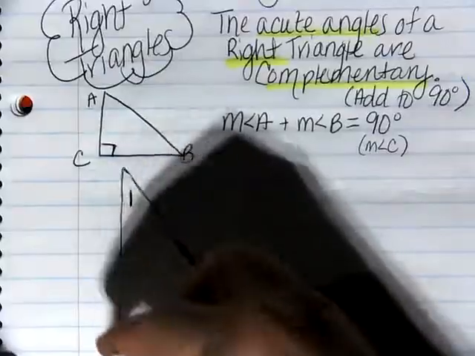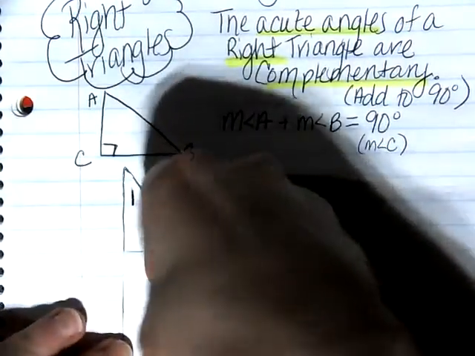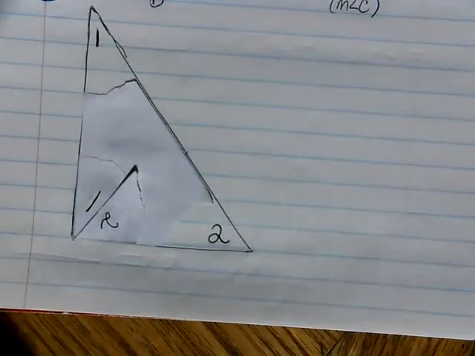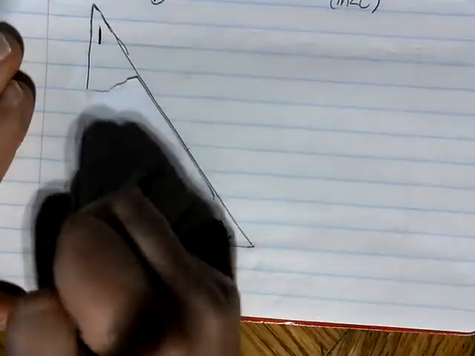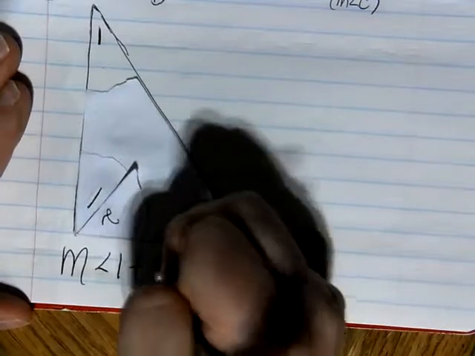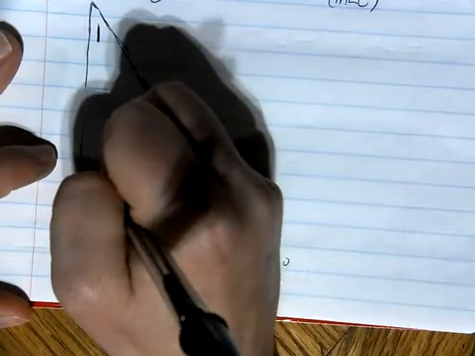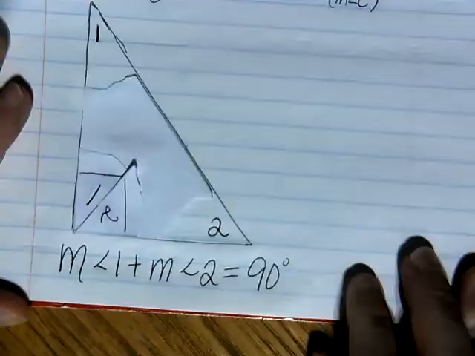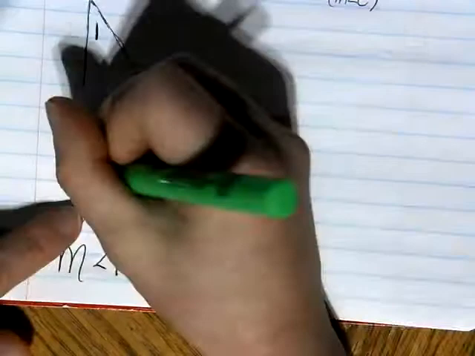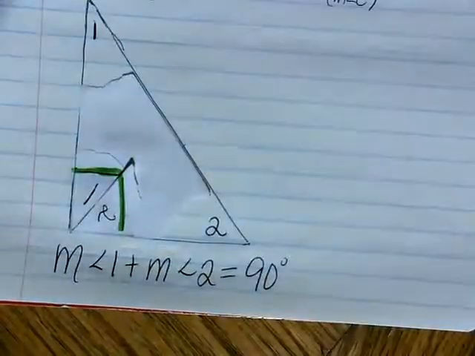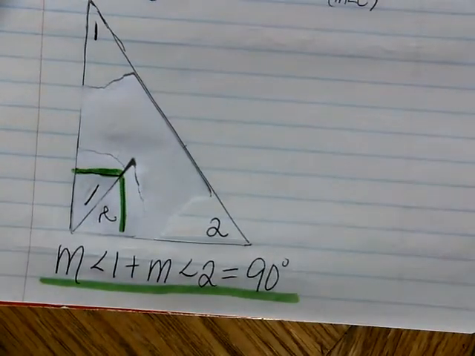And this is a cool demonstration just to prove that these theorems and corollaries, we're not just making them up. They actually work, which is so neat. And I'm going to write down on the side that the measure of angle 1 plus the measure of angle 2 add to equal that 90-degree angle. So I'm just going to mark up this 90-degree angle on the outside, which is so cool. And that is a corollary to our triangle sum theorem.